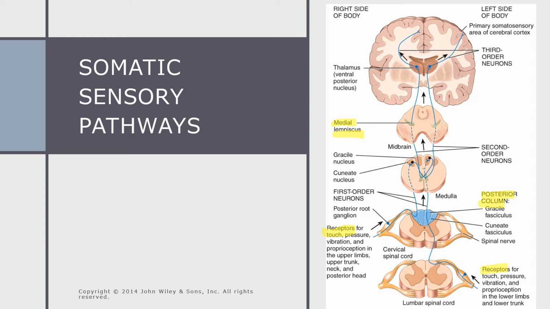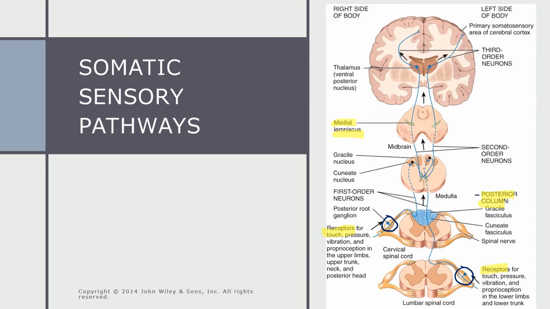You can see here they come into the spinal cord and ascend to the medulla oblongata on the same side of the body that they come in from. Now, the cell bodies of these first order neurons, remember, are in the posterior dorsal root ganglia. So right here and right here, these are both the posterior dorsal root ganglia of those respective spinal nerves. In the spinal cord, their axons will form the posterior dorsal columns.